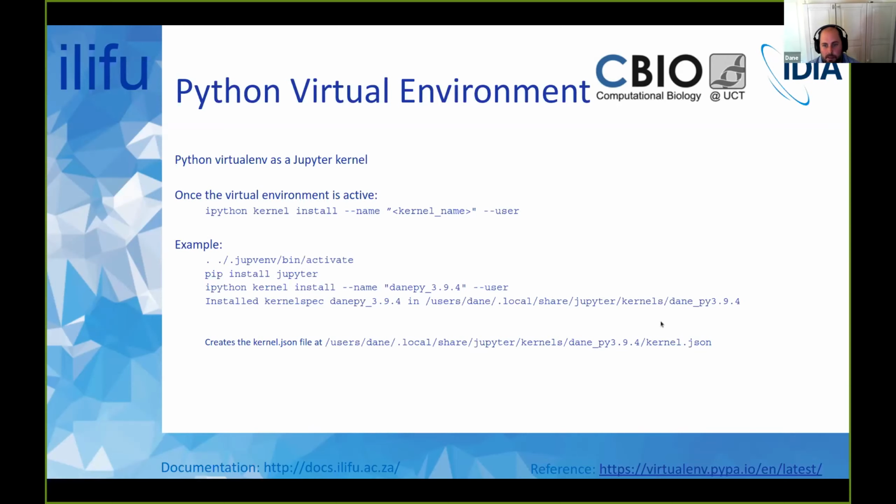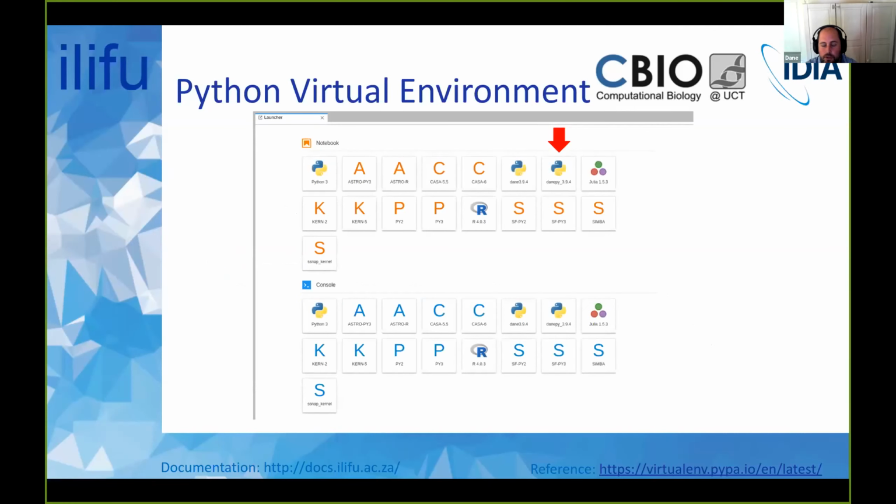It sets up a directory like that, and within there's a little kernel.json file, which basically tells the Jupyter Hub where to find the Python binary that you'll be using, which is the virtual environment you set up. And then if you go to Jupyter Hub, you'll find magically your new Python kernel is available there.